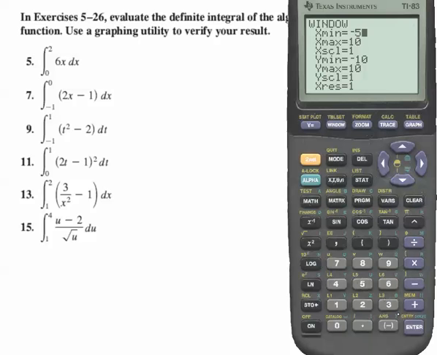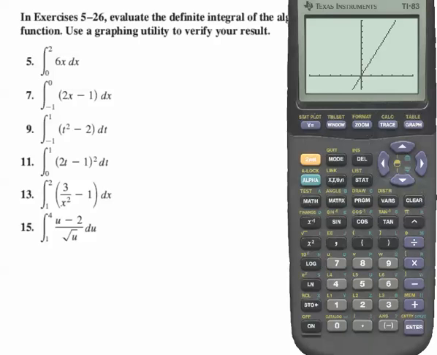My x values, I'm going to let go from -5 to +5 by 1s, and my y values from -5 up to 20, let's say by 2s. And then I'm going to go ahead and graph the function, and you can see that there is the graph of y equals 6x, and I want the area under the curve from x equals 0 to x equals 2.